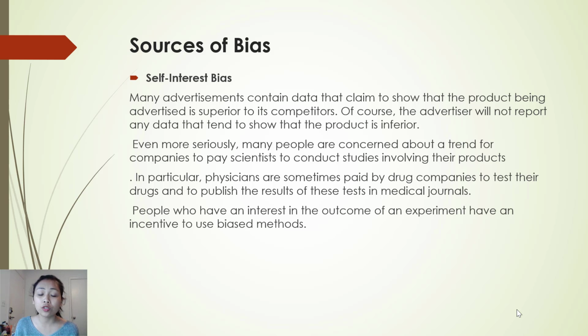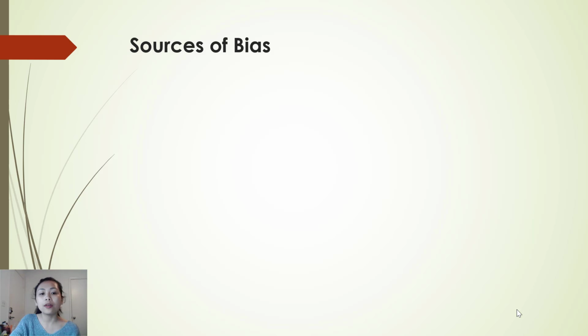People who have an interest in the outcome of an experiment have an incentive to use biased methods. So that's the second type of bias, and this type usually happens in companies and manufacturers.